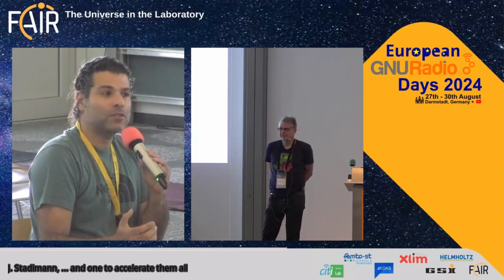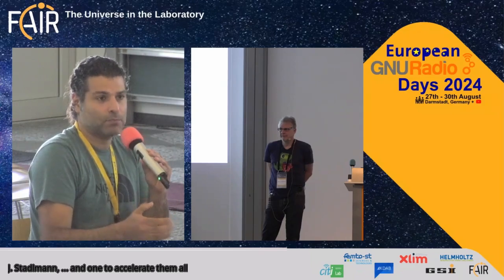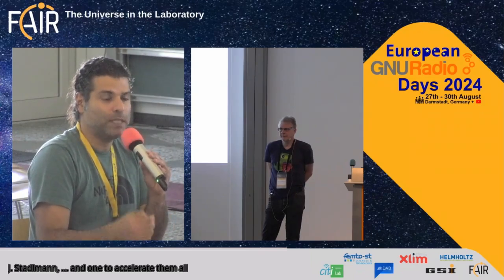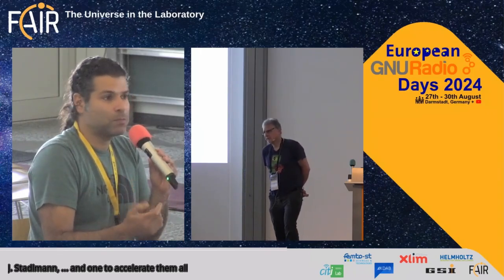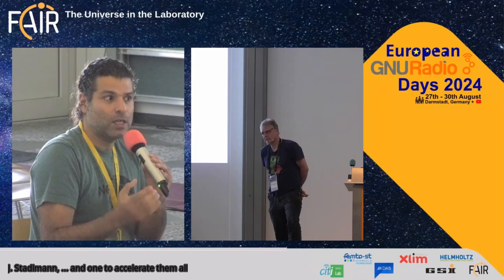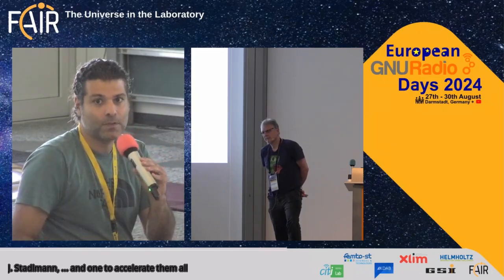So GR is going to help us. It is going to be even more included in our workflow in order to make this kind of measurement possible directly from these RF sensors. Thank you.